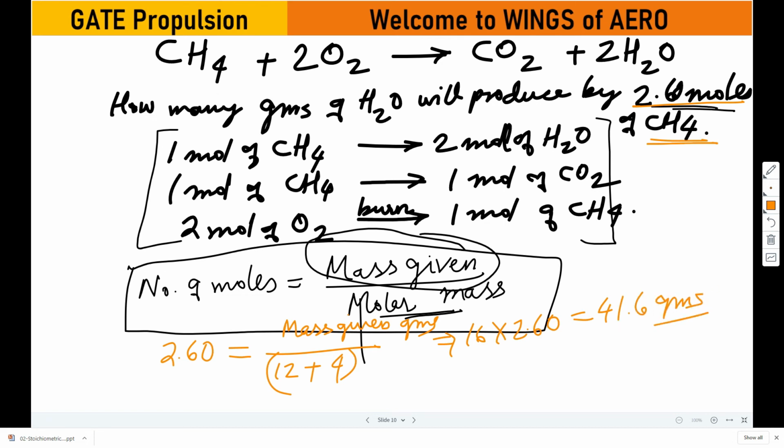Now the question is how many grams of H2O will be produced by 2.60 moles. That means 41 grams of CH4 is there. Now how do we find the H2O? Very simple, do not get too confused.